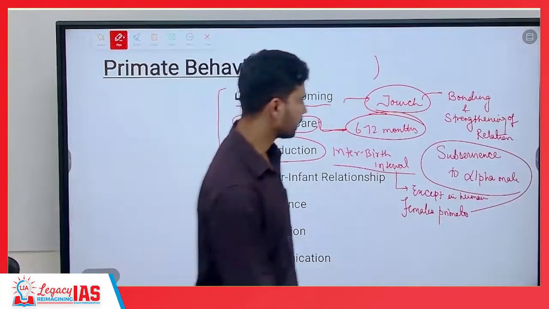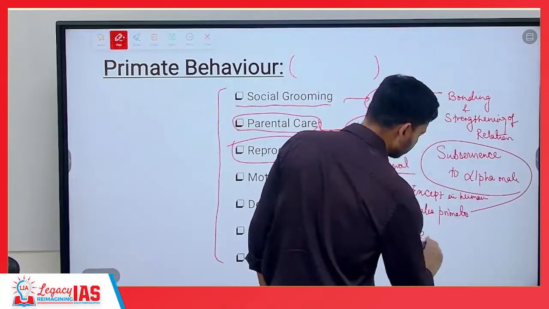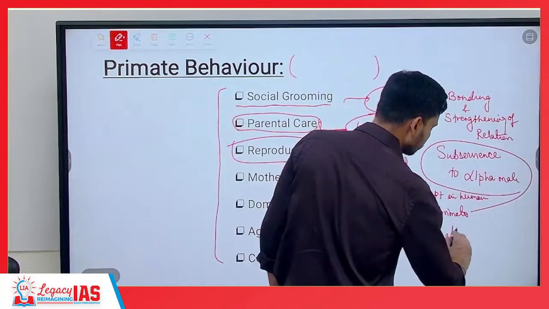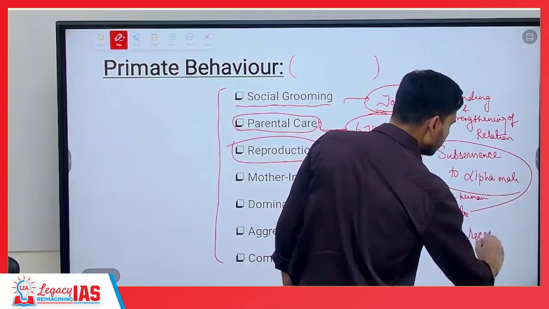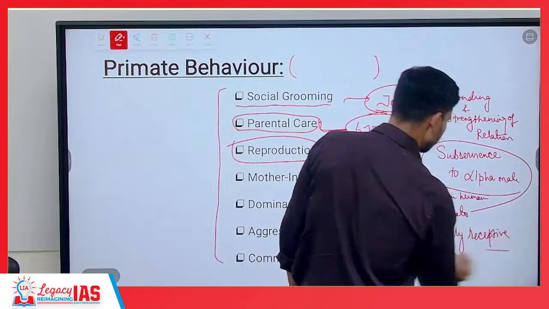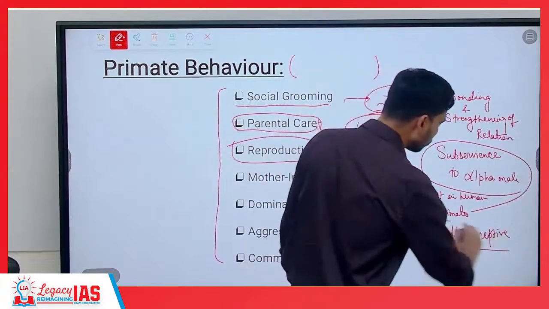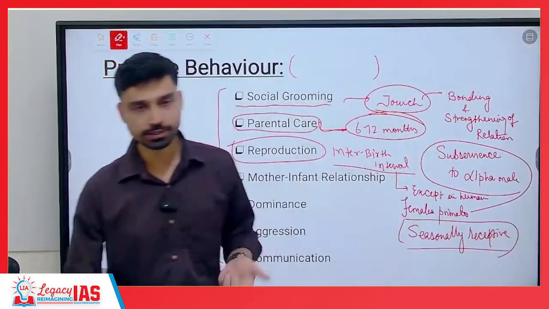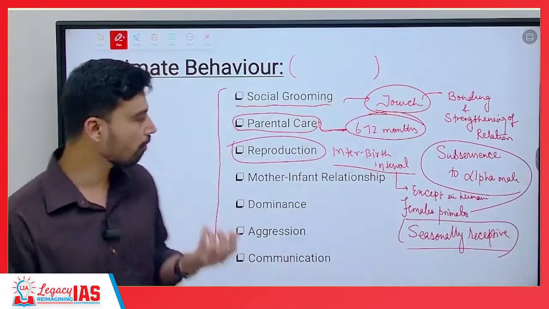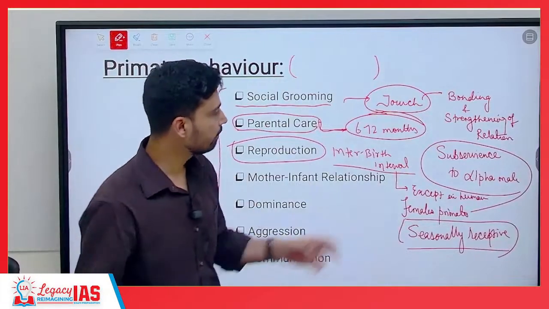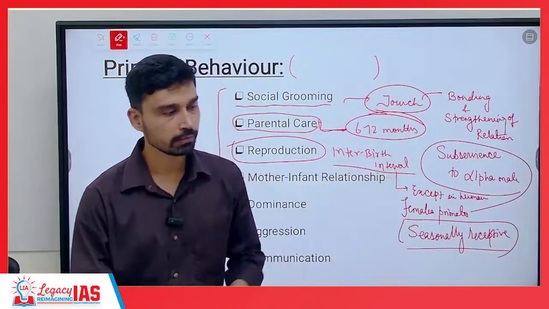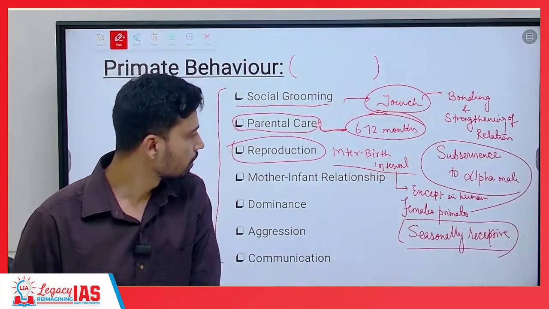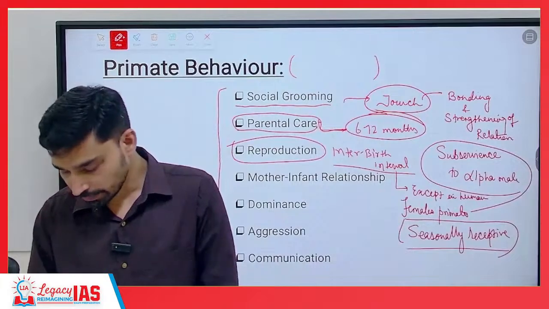Okay, that is the term that you can note. Seasonally receptive means they cannot mate throughout the year. They have a particular season in which mating will happen and birth of the offspring will happen. After that, there will be an interbirth interval or interbirth period. So that is the next point, seasonal receptivity.